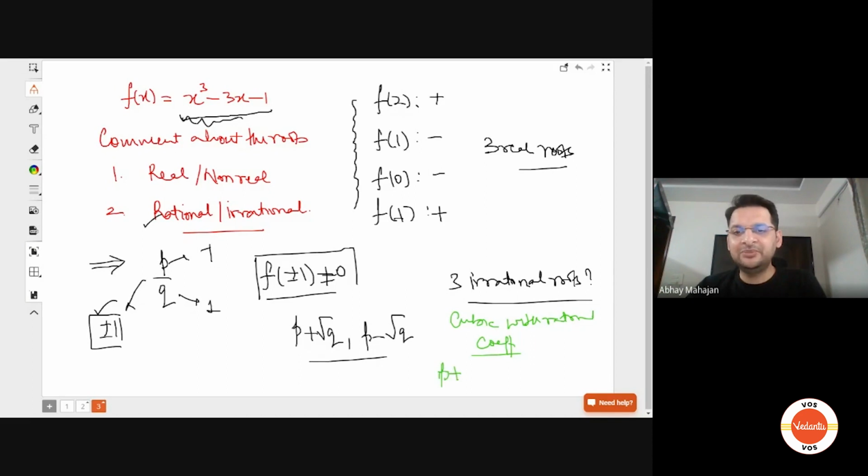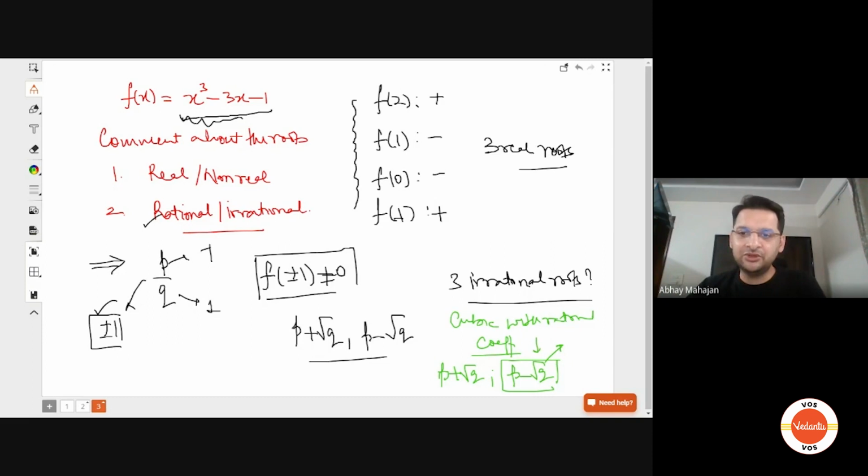If one of the roots is P plus root Q, can you comment the other root would be this, yes or no? This is a cubic with rational coefficients. One of the roots is P plus root Q. P and Q are integers. Let's say integers.